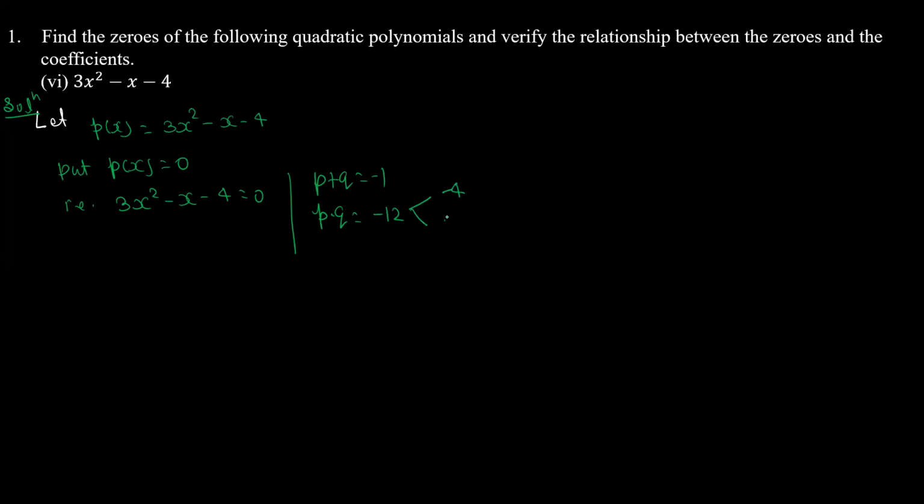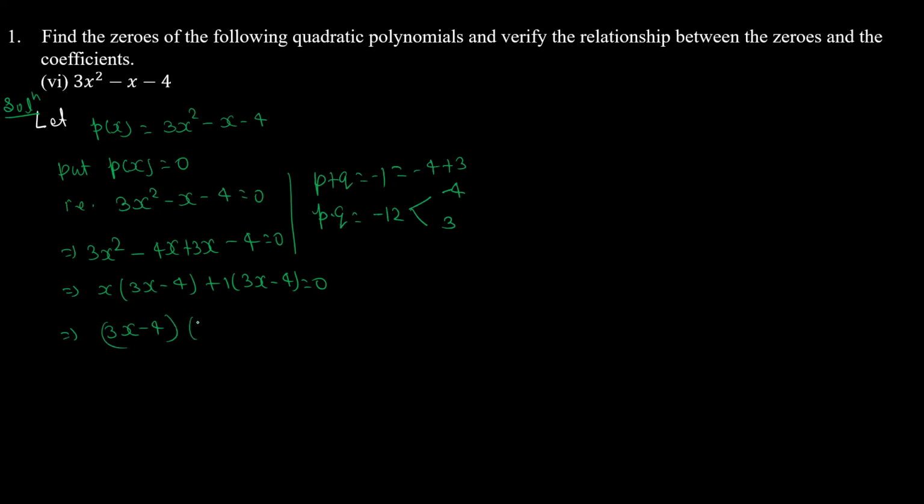तो अब इसको कैसे फैक्टराइज करेंगे? सो माइनस 4 एंड 3. सो विल हैव माइनस 4 प्लस 3. तो इसको लिख सकते हैं हम लोग 3x स्क्वायर माइनस 4x प्लस 3x माइनस 4 इक्वल टू 0. अब इसमें कॉमन क्या है? x इज कॉमन. सो 3x माइनस 4. इसमें क्या कॉमन है 1, so 3x minus 4 into x plus 1 equal to 0.